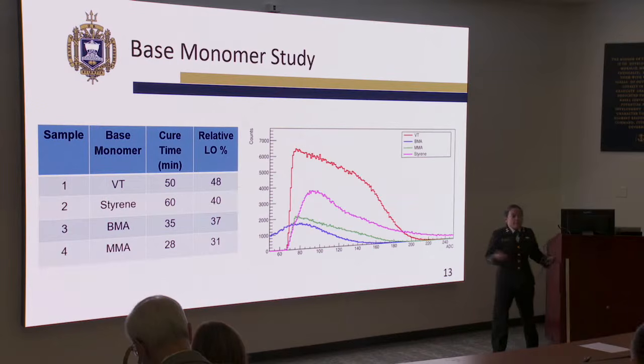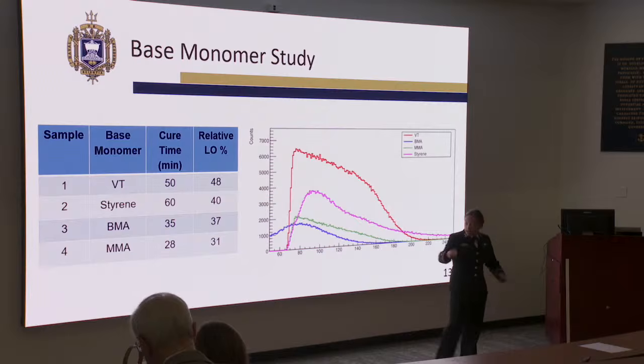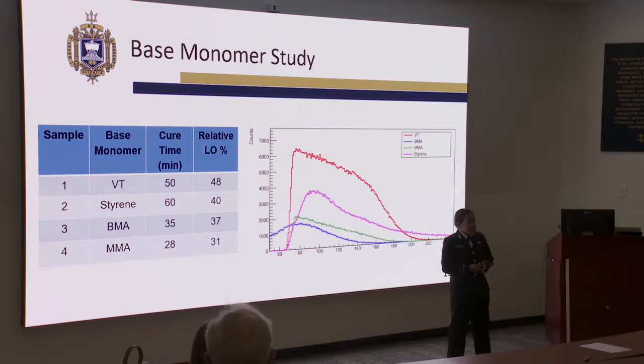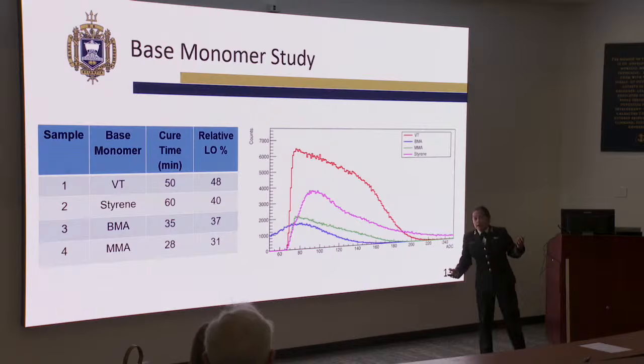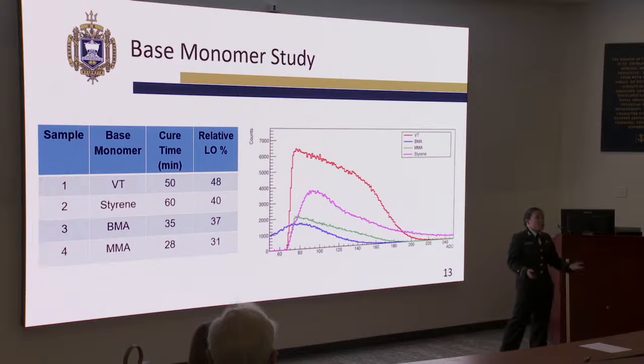So for our base polymer study, we looked at VT, styrene, BMA, and MMA. And from this, the trends indicate that the aromatics have a high relative light output, but cure very slowly.